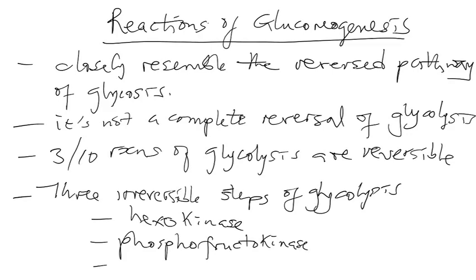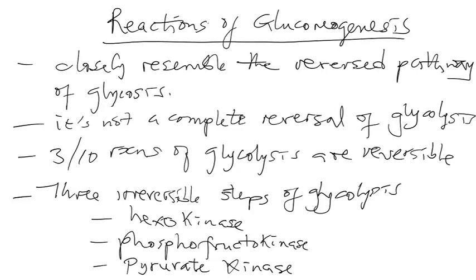And the third one is the step catalyzed by pyruvate kinase. You will recall from glycolysis that hexokinase catalyzes the phosphorylation of glucose to form glucose 6-phosphate, which is the first step.